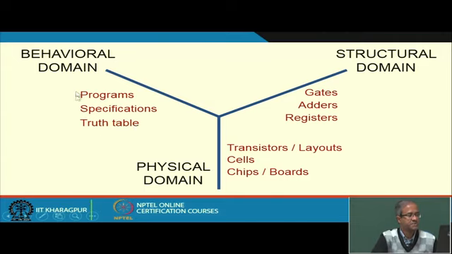These are ways to specify behaviors. The structural domain says some kind of netlist, interconnections of registers, adders, gates and so on, maybe higher level modules, processor, memory. And in the physical domain, we are talking about chips or boards, the basic cells, transistors and so on. So, any design can be viewed from any one of the three angles.